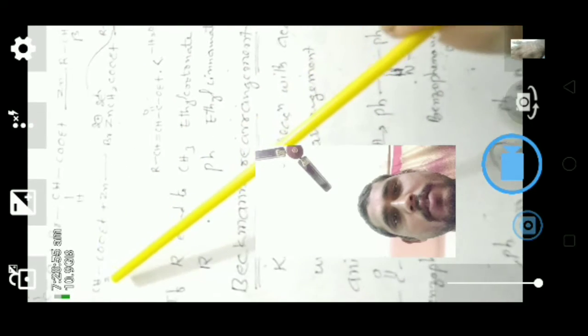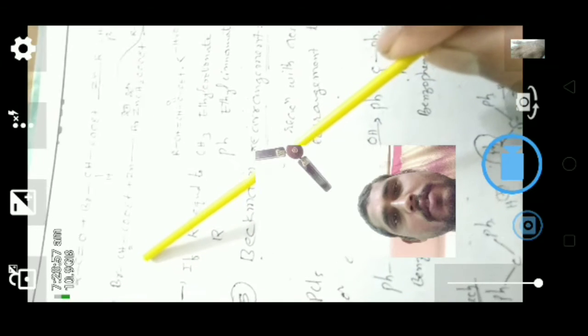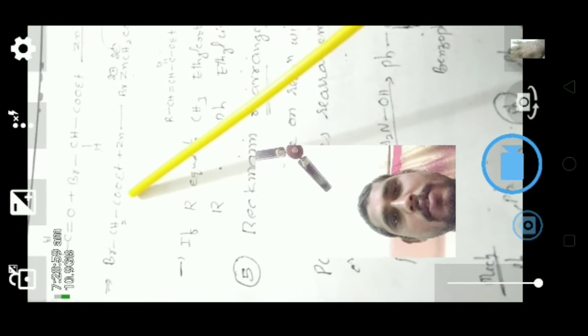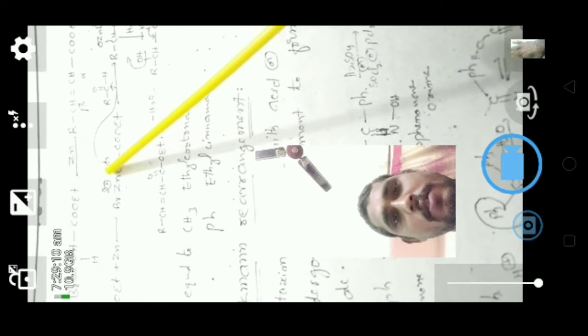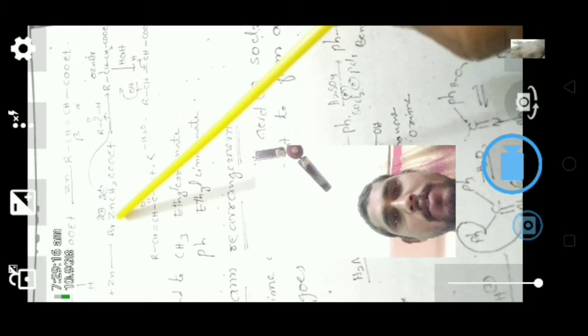Here we will see the reaction mechanism. Here this is the alpha bromo ester. When you react it with zinc, it gives bromo zinc ester, and here the negative part, the carbanion, can attack on these carbonyl compounds, and the zinc and Br is shifted to oxygen to give zinc bromo ester.